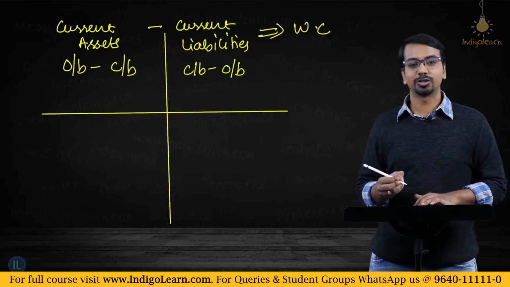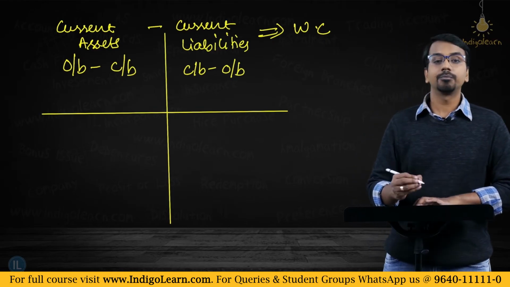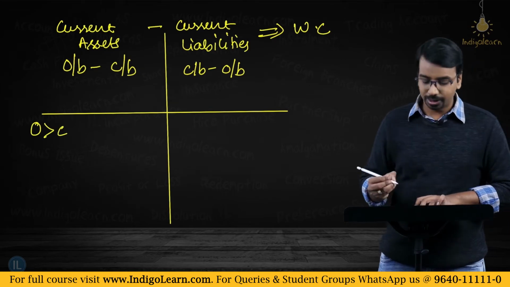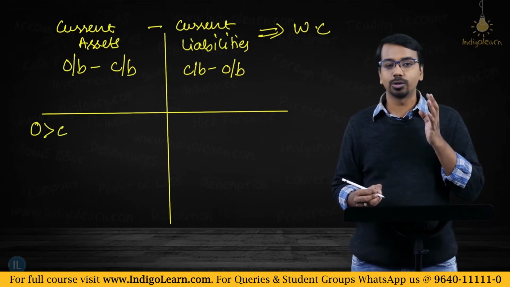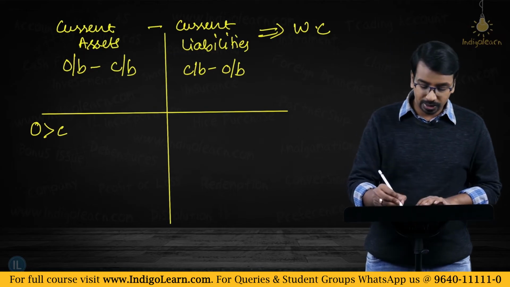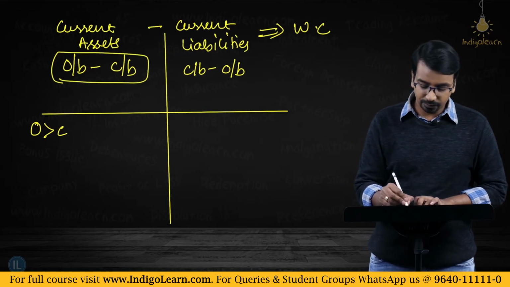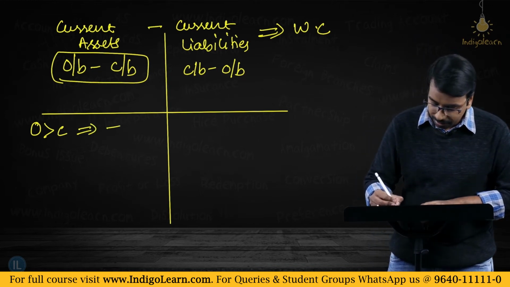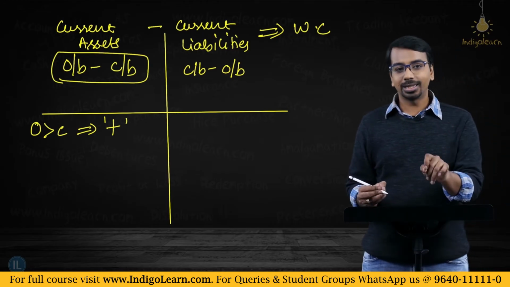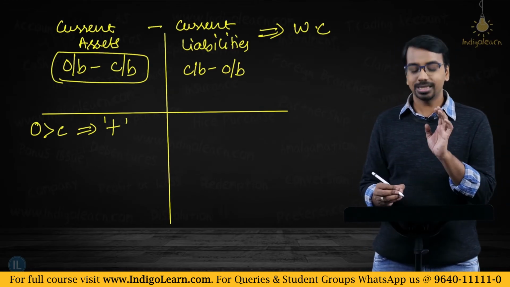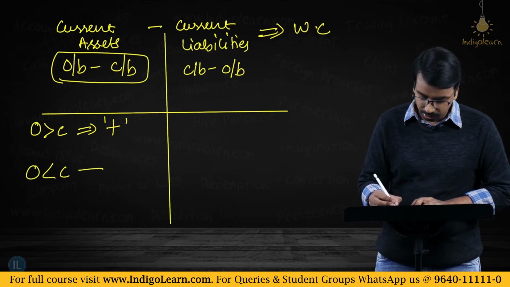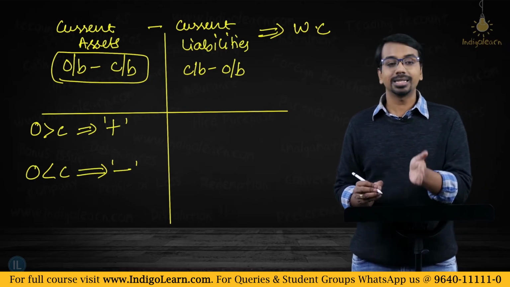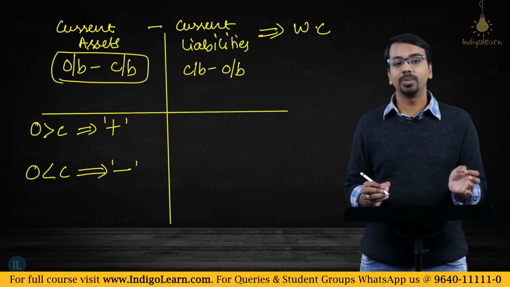Okay. Now if for example under current assets, opening is greater than closing, will this be positive or negative? This particular item will be positive. So you will add. On the other hand, if opening is less than closing, you will deduct, because when you say opening is less than closing, opening balance minus closing balance will be negative.